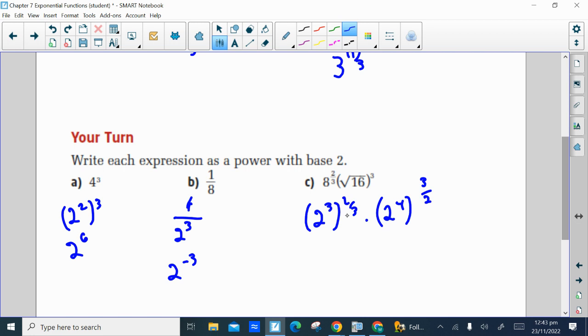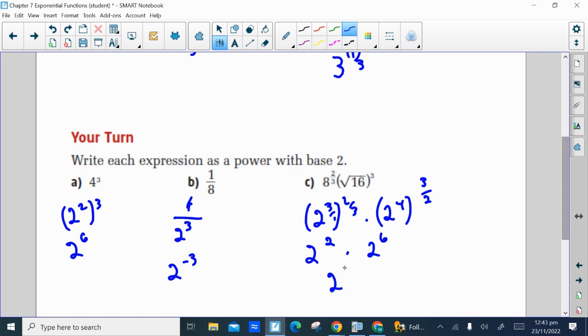So when you multiply the exponents here, 3 over 1 times 2 over 3, the 3's will cancel and you'll get power 2 times 2 to the 4 over 1 times 3 over 2 would be 12 over 2, which is 6.